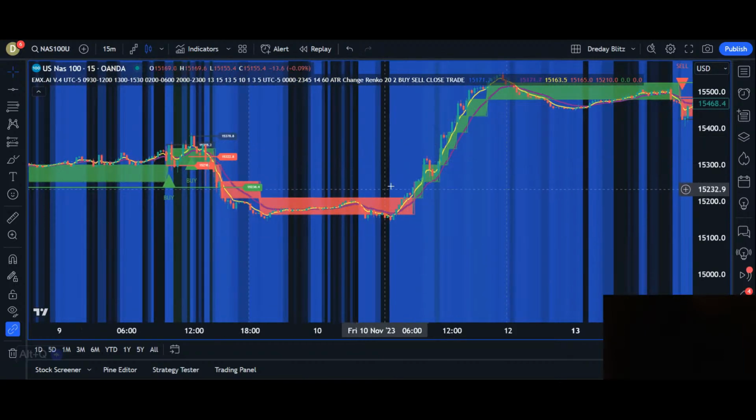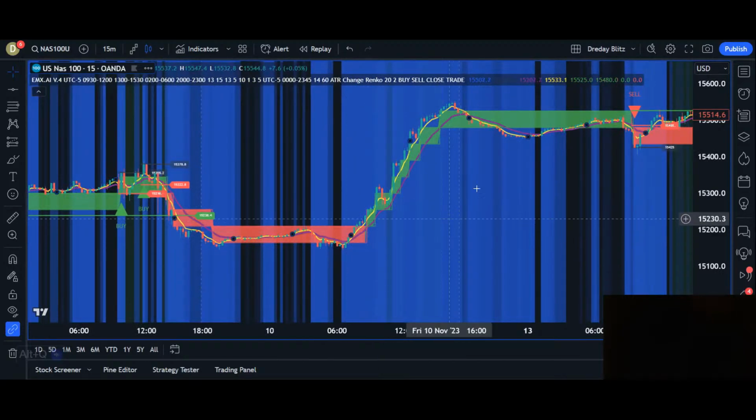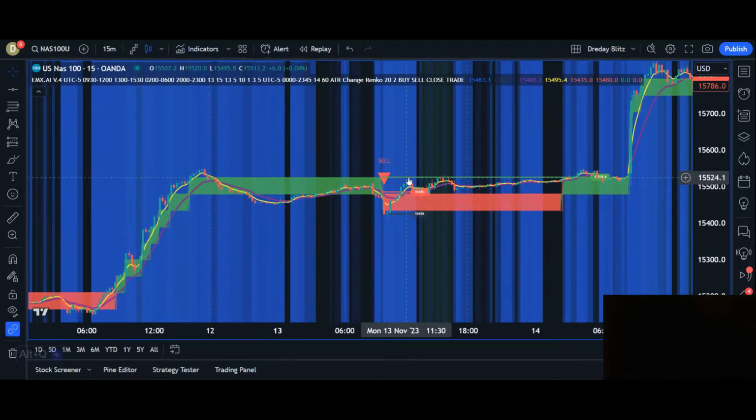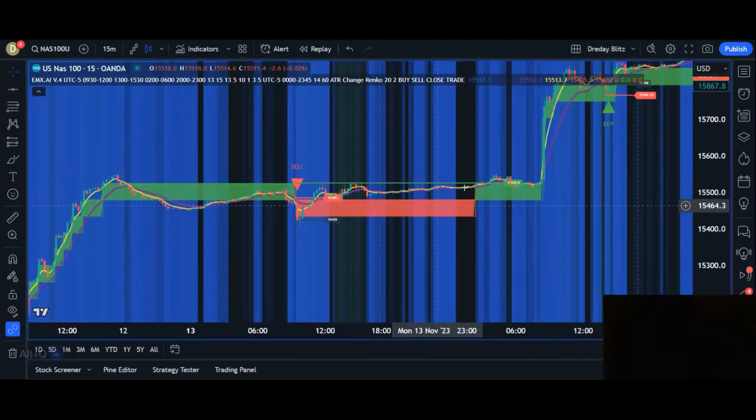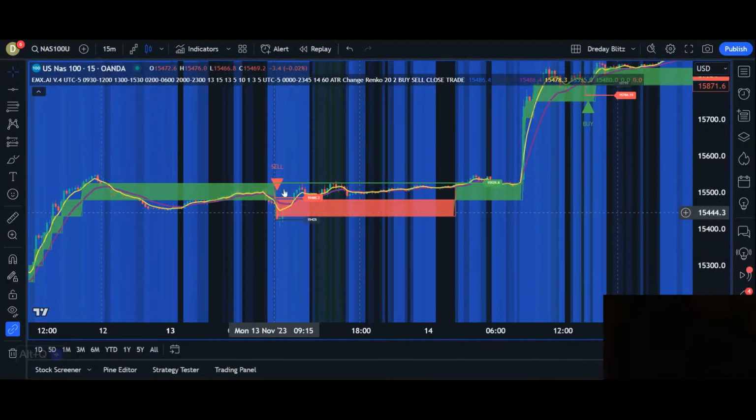Okay, so on Nasdaq, since Friday we only had one signal. Let's see, before I say anything else. Yeah, we had two signals. We had one sell here on Monday, but if you look at the other indices, we were bullish eventually. So it did a sell, and put you out of the trade right here because it never touched your stop loss, because your stop loss would have been put on that zone right here.